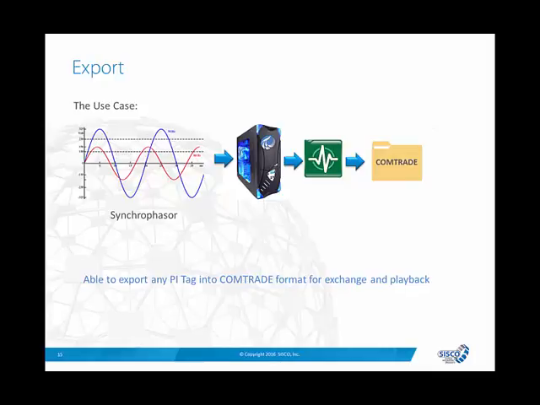The COMTRADE utility allows the export of synchrophasor information, which is held in PI tags, and other PI tag information into a COMTRADE file format. This file can then be used for exchange to other utilities, or in some cases, test tools can be used to play this information back in real time.